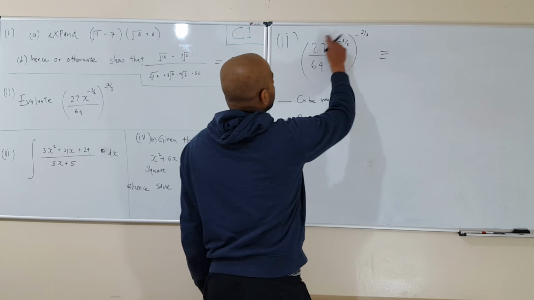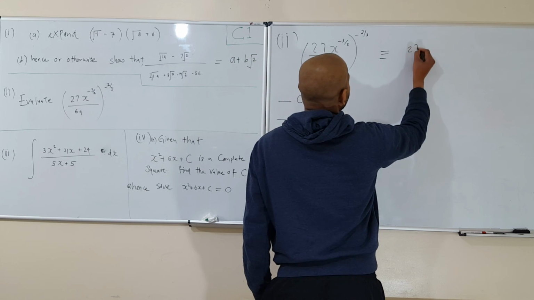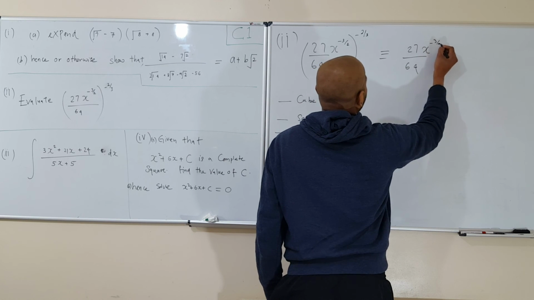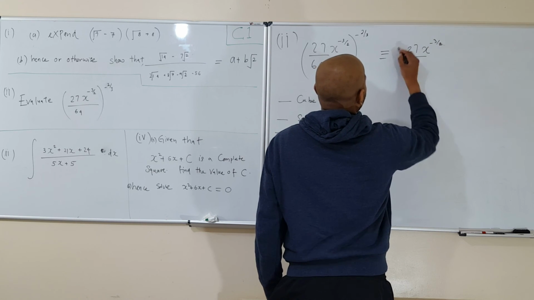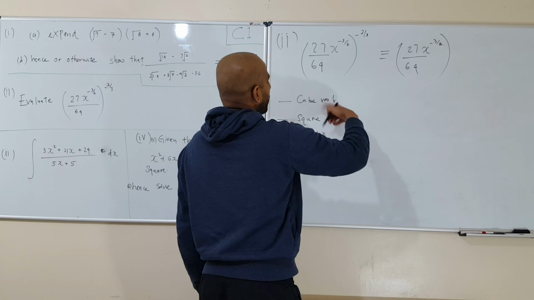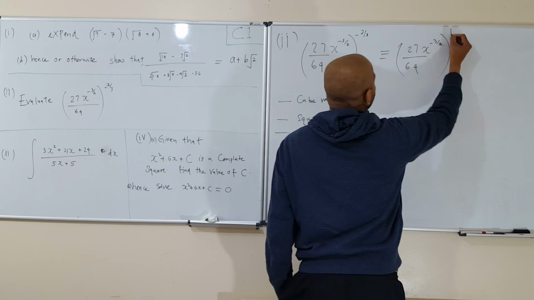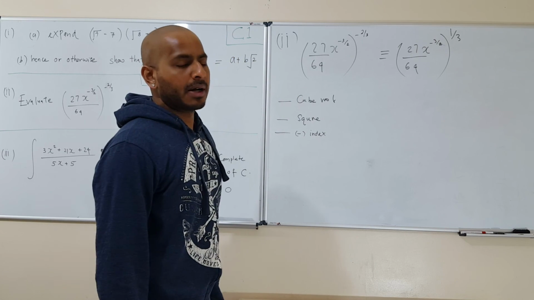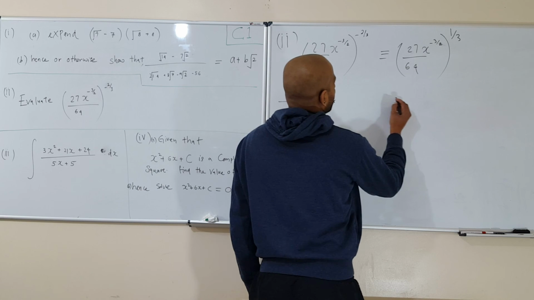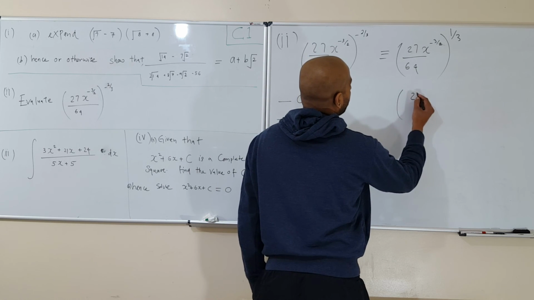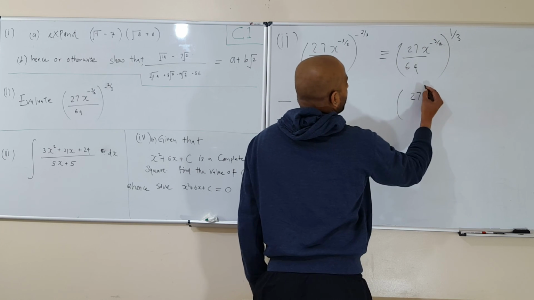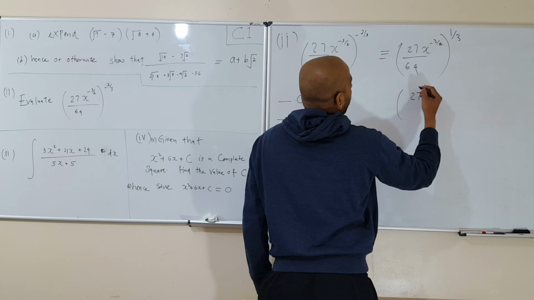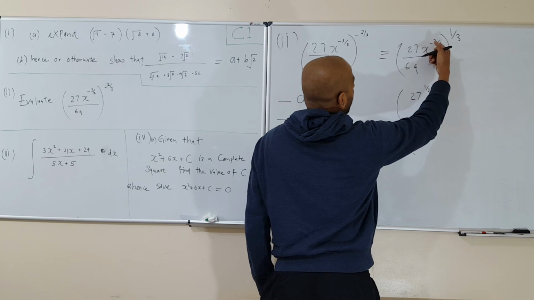Let's find the cube root of this. I'm going to perform the first operation, and I'm not bothered about the other two, the squaring or minus 1. So I'm writing it like a third. That's going to yield the cube root of 27, and the cube root of minus 2/3.